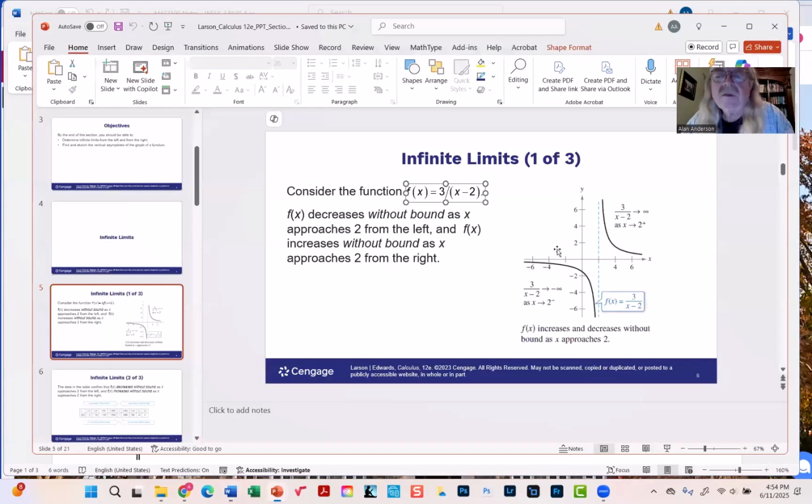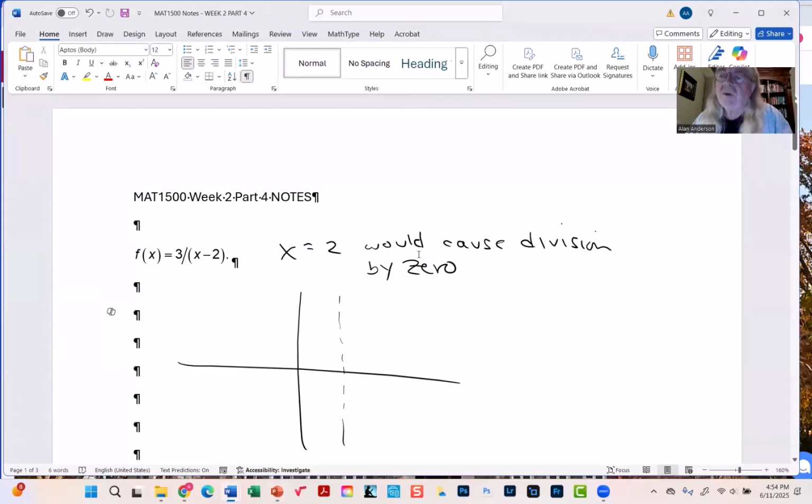And so the graph looks like this. So you notice how it reminds you a lot of one we saw earlier, which is f of x equals 1 over x.